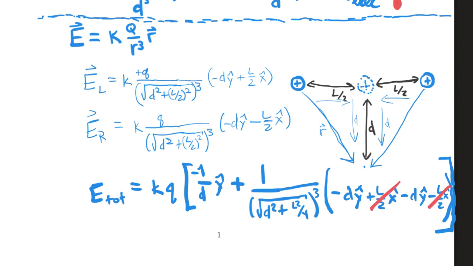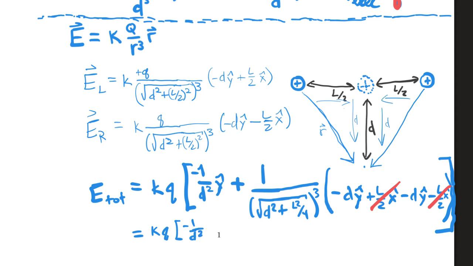Oh, and I apologize if you caught this, I did forget this is actually a d squared right there. Okay, so now we're good. Now let's simplify this just a little bit. This is going to be equal to k, q, and then we have minus 1 over d squared.